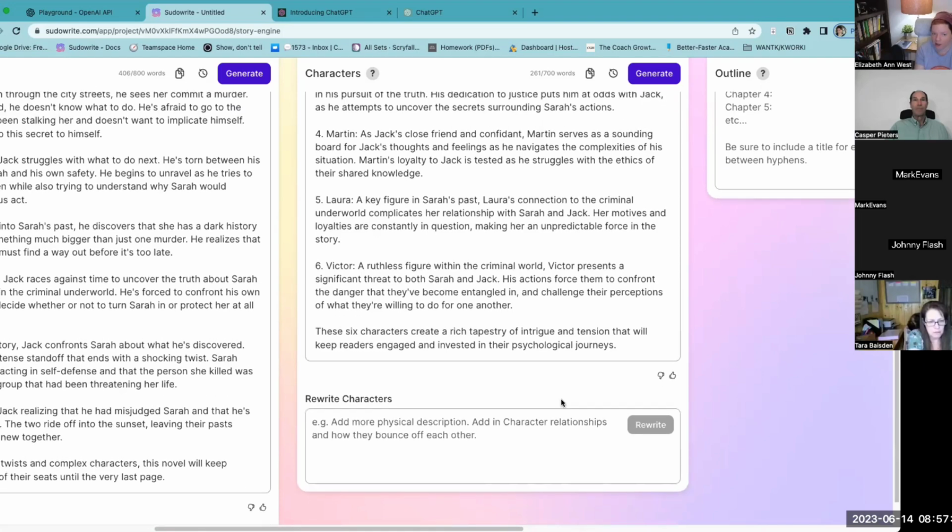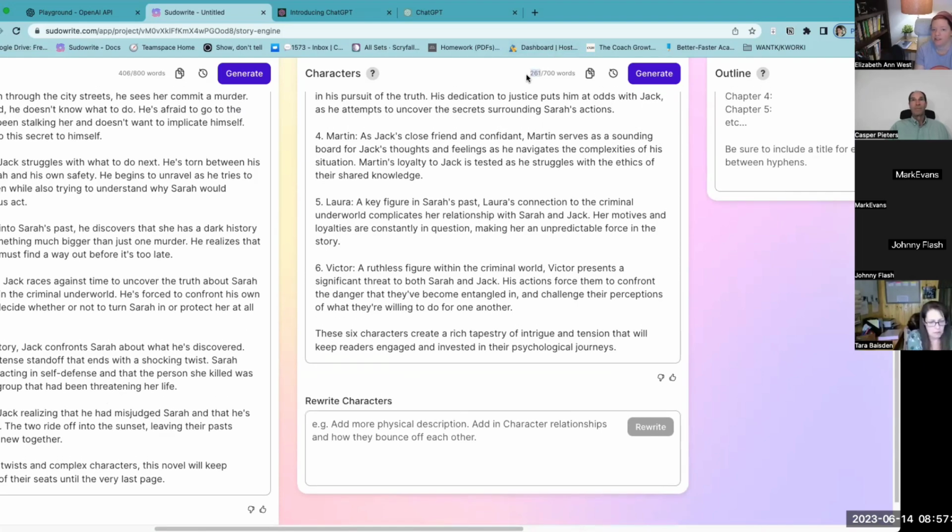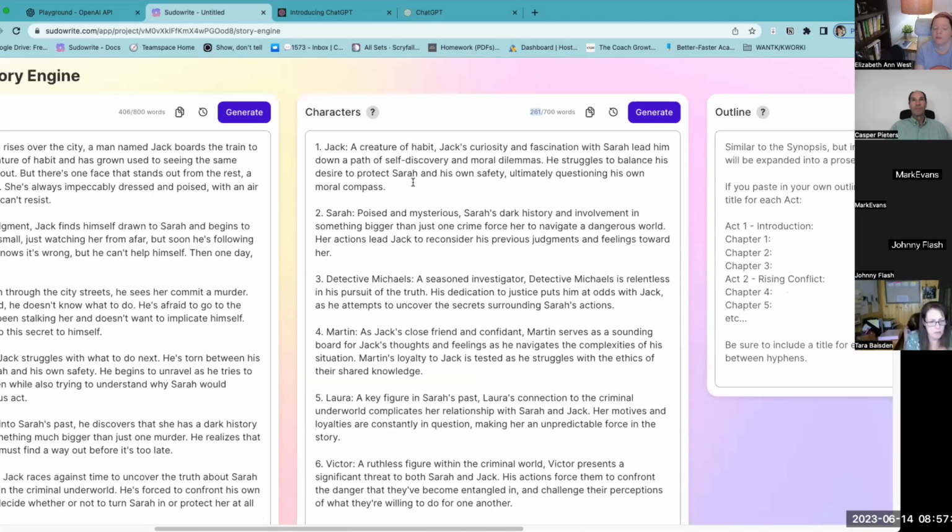You can add more characters. This only used 261 words of 700 words. You also can add to this. Like you can say that he is an Enneagram 3 if you want to. And the AI understands Enneagram, it understands Myers-Briggs, it understands a whole breadth of psychological terms. Remember how I talked about the literary terms for how it writes? You can also bring in psychological terms because the AI understands that.